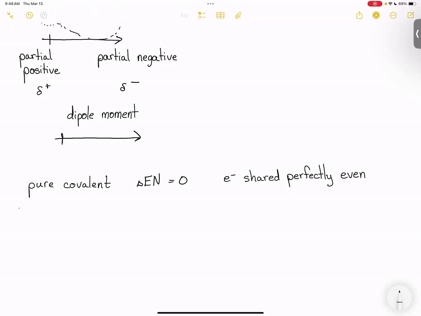Now, you also can have a nonpolar covalent bond. When you have a nonpolar covalent bond, the change in electronegativity is going to be equal to 0.1 to 0.4.